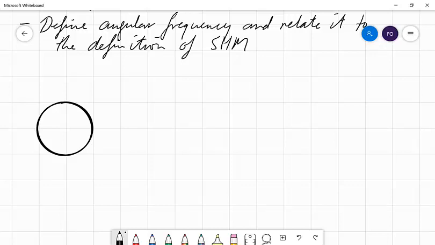So we'll draw it at the starting point. It's starting off moving through equilibrium heading upwards. And then at a later time it is at its maximum position. At a later time it's moving down through equilibrium. And then it is at its lowest position. And then it is back up at its starting position and moving upwards.